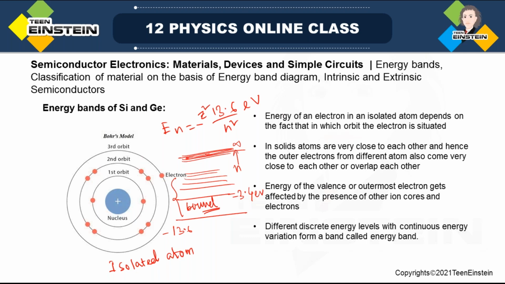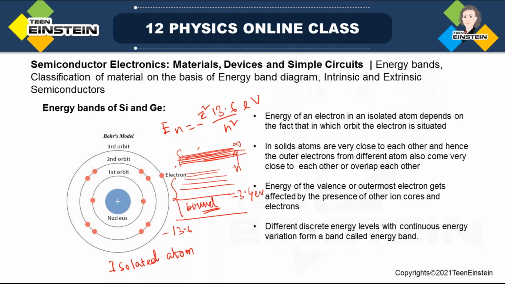And when n is equal to infinity, that means electrons are very, very far from the nucleus and they are not bound any further. They are free to move anywhere. So this is called the conduction level, or the ionization level, and here electrons are free to move anywhere.